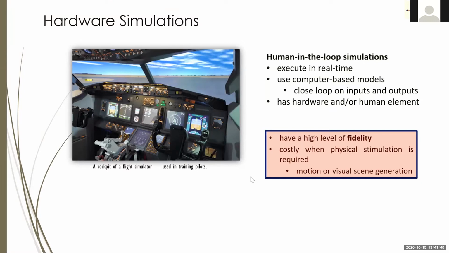They have a very high level of fidelity, and you can imagine that they are really costly to build, especially when you are adding the visual part in the model, or when you put the motion part in the model. Okay, so that's when they get really complex.